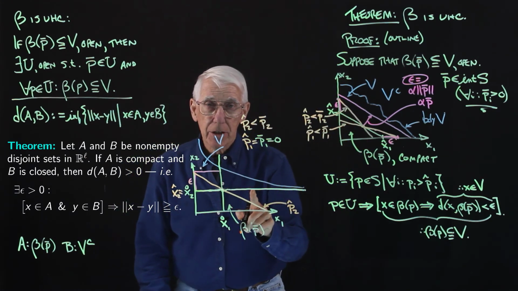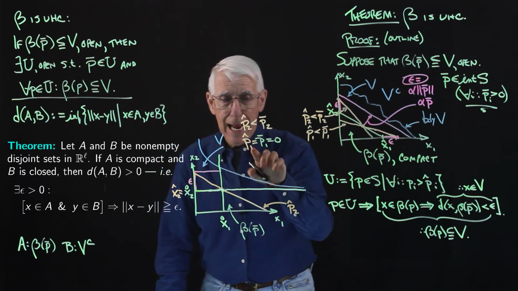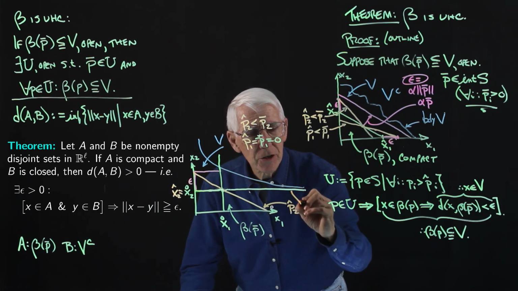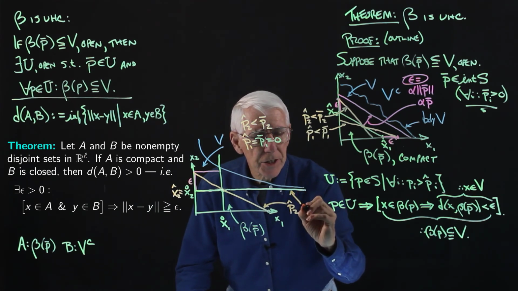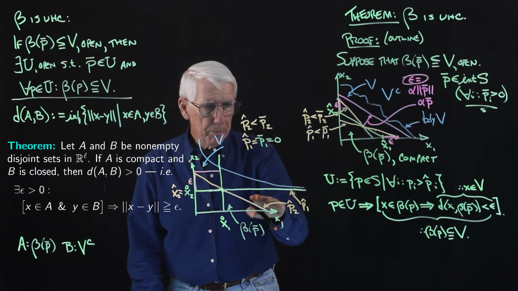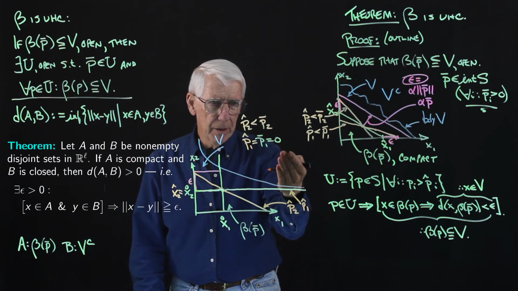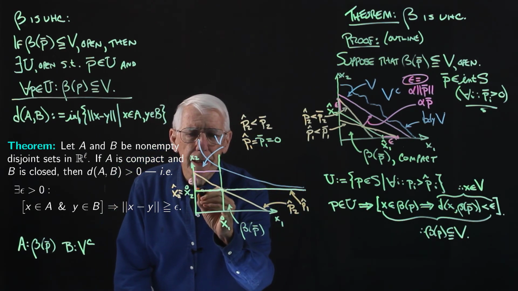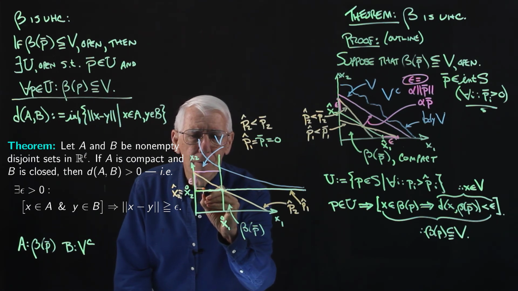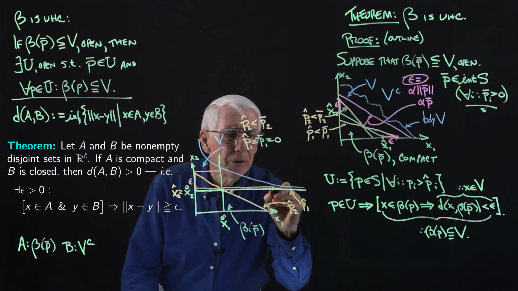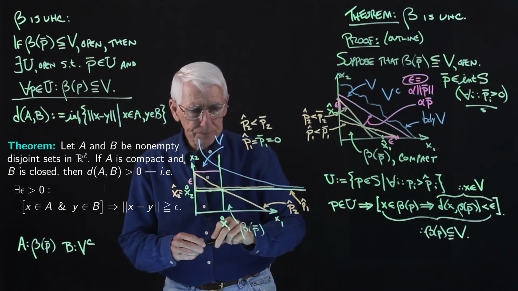And the budget constraint generated by P1 hat, which is equal to P1 bar, which is 0, of course, is this budget constraint here. The same budget constraint as for P bar, of course, because P1 bar and P1 hat are the same. So I'll draw the corresponding orange budget constraint, which is the same as the green budget constraint here.